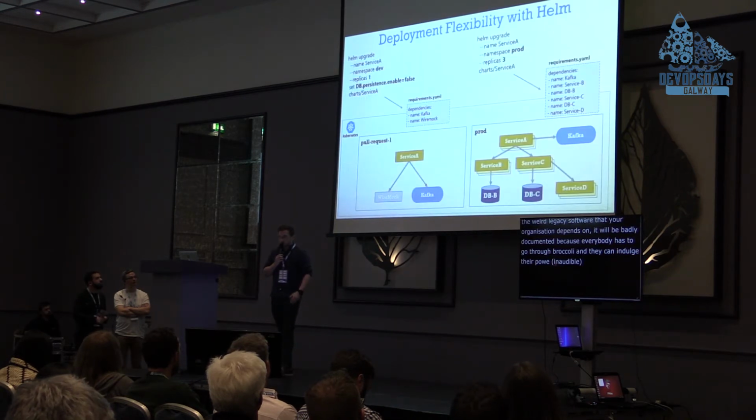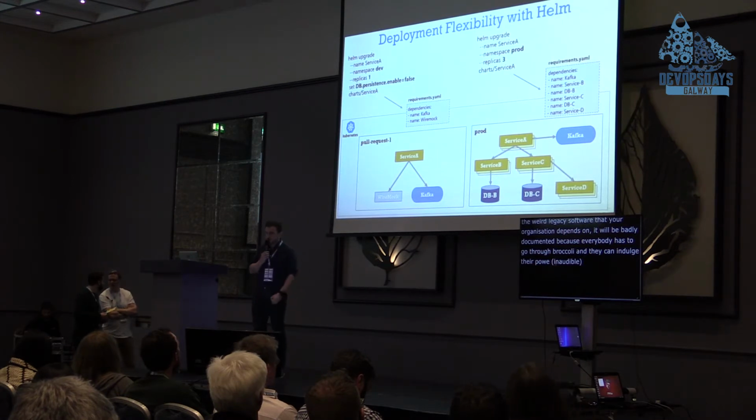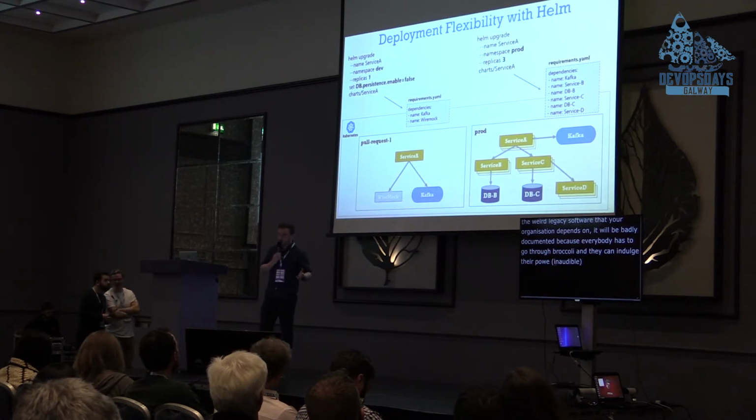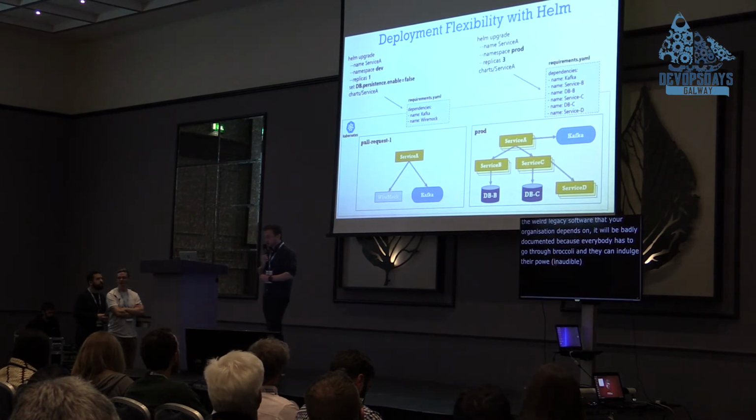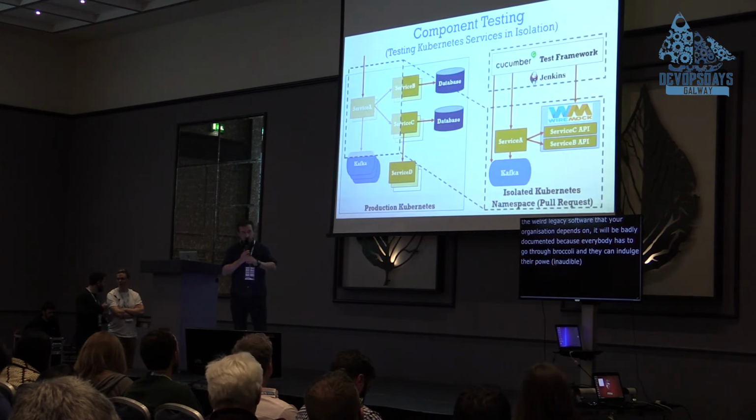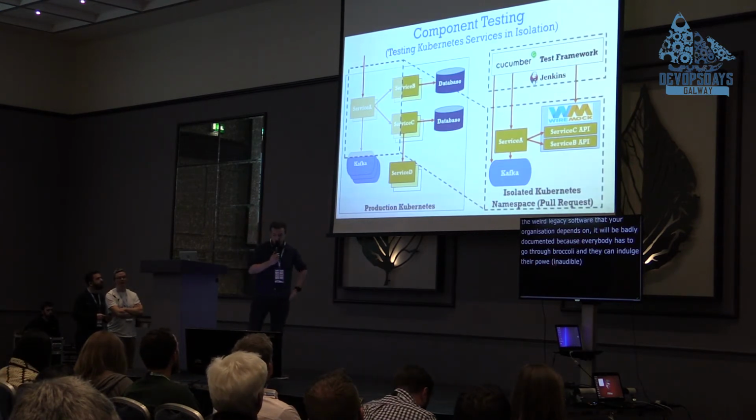So Helm gives us great flexibility to be able to deploy our services to different types of environments, and we can pick the dependencies that we want to use based on whatever environment we're testing against, whether it's in a pull request in isolation or whether we want to deploy entire solutions.